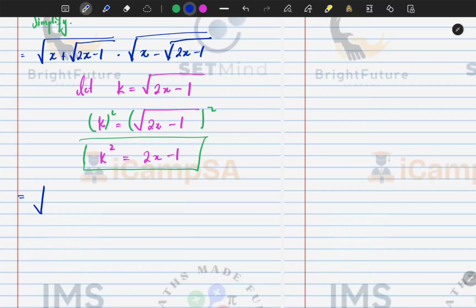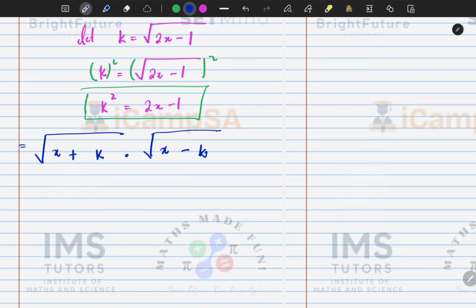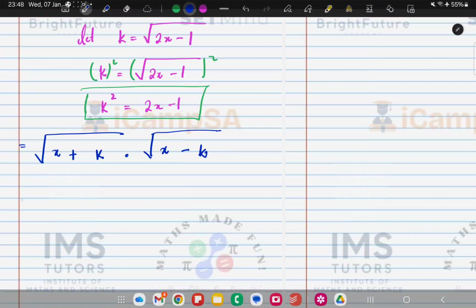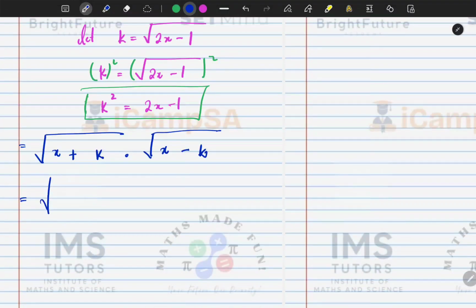So that means you have the root of x plus k, times x minus k. To simplify this, I can express it as one surd, so I can write this entire thing as one surd: the root of x plus k times x minus k. It's literally the same thing.